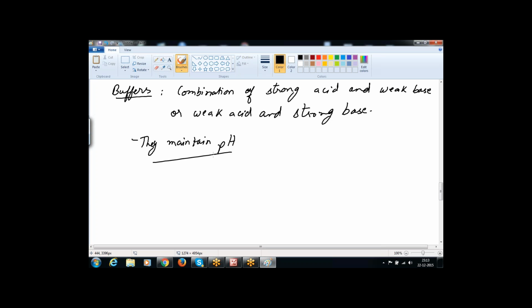So in our body, like we did, the pH of the plasma is 7.35 to 7.45.